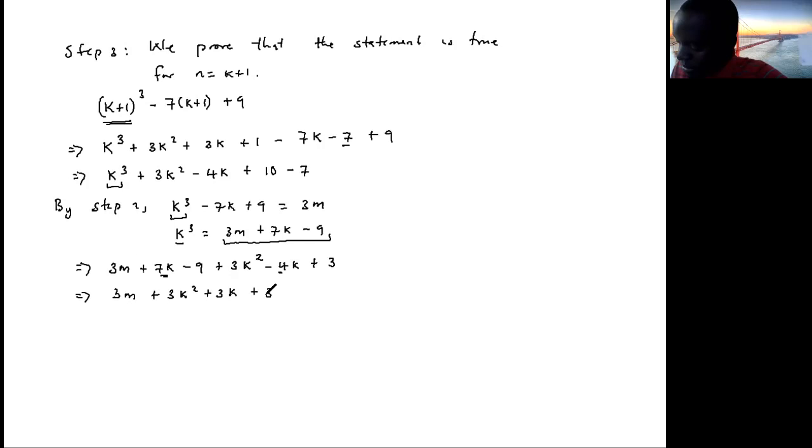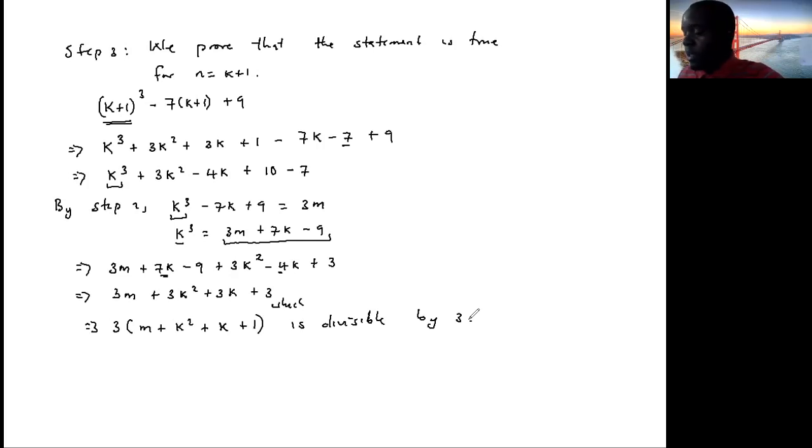So if we factor out 3, what do we get? We get 3 times (m plus k squared plus k plus 1). And this statement is divisible, okay, we can say which is divisible by 3. So meaning that n equals k plus 1 works.